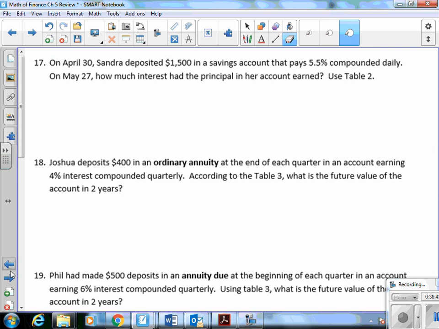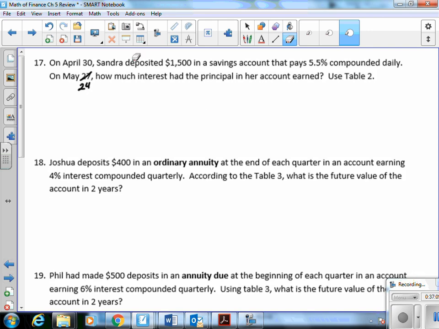All right, number 17. On April 30th, Sandra deposited $1,500 in a savings account that pays 5.5% compounded daily. On May 27th, how much interest had the principal in her account earned? Use table 2. On this one, we're going to change that to May 24th because I didn't realize the table did not include the day numbers 27 through 30.